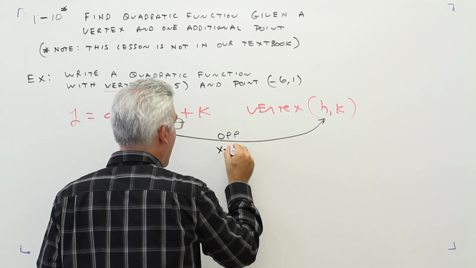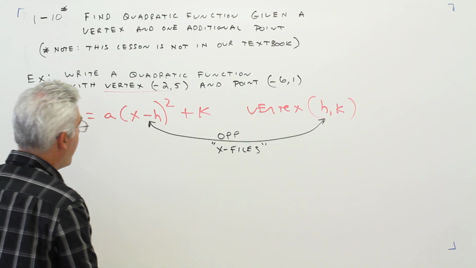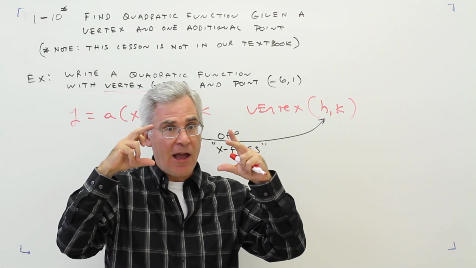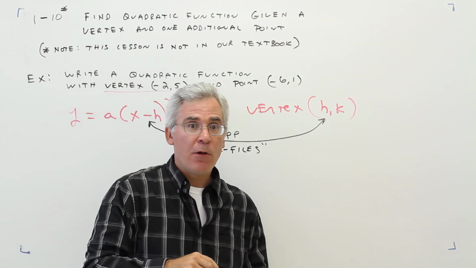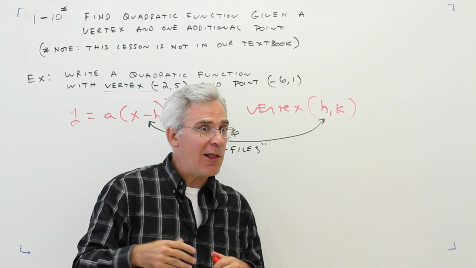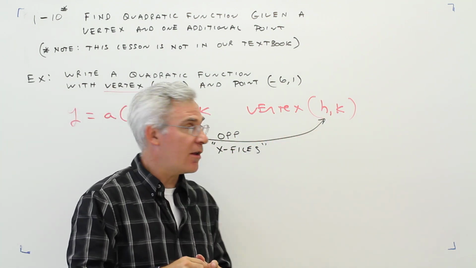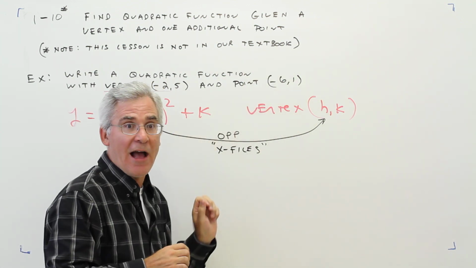I call that x-files. In general, when things are in the parentheses near the x, we have x-files. And X-Files was a TV show from a long time ago. It dealt with mysterious things. And the mysterious thing here is the oppositeness. This k here is not opposite, it's away from the x.